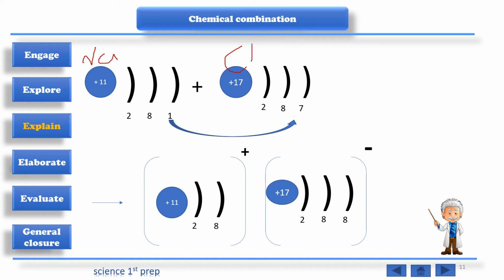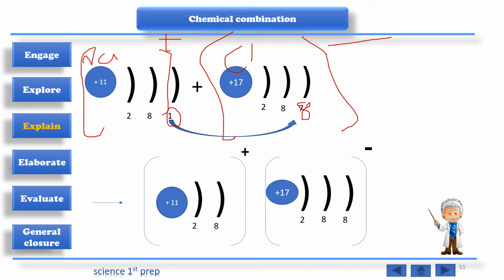Sodium loses an electron to complete the outermost energy level and becomes a positive ion, and the chlorine becomes a negative ion. As we can see here, we have negative charge and positive charge. The attraction between the positive and the negative charge, this is the ionic bond.